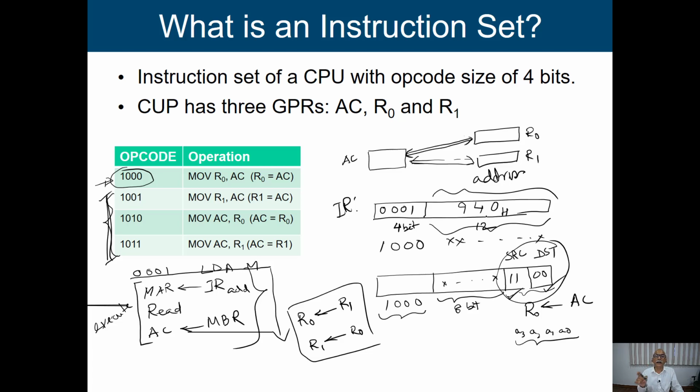But when I come down to the register-level instruction, which works only with registers, I have slightly changed the instruction format. I keep the opcode, but these 4 bits are used to indicate the source register and destination register. And of course, the remaining bits I am not using, because they are not required for this simple processor. So this is the way I can look into it.